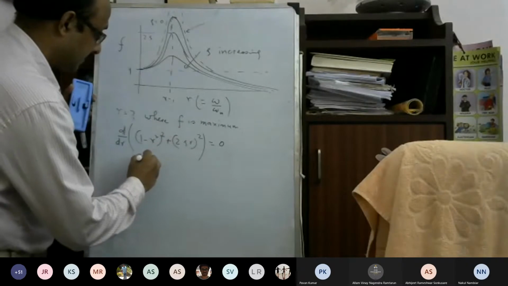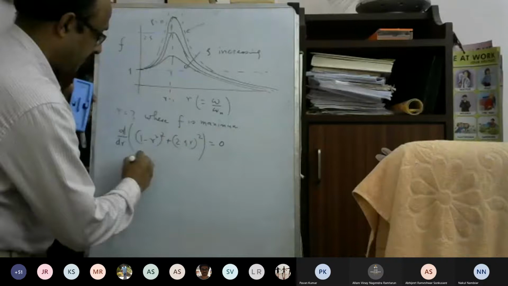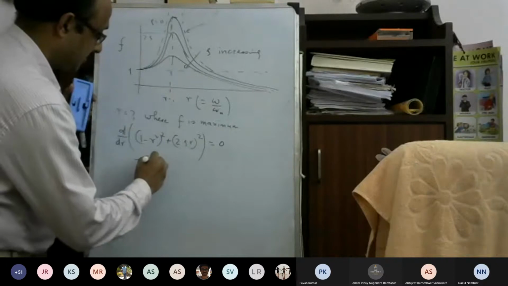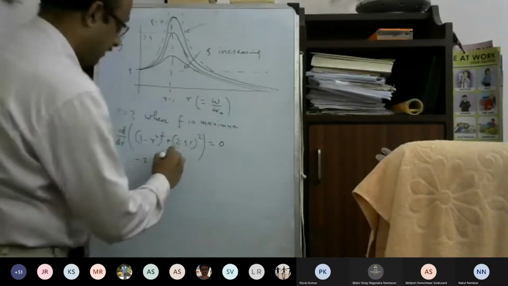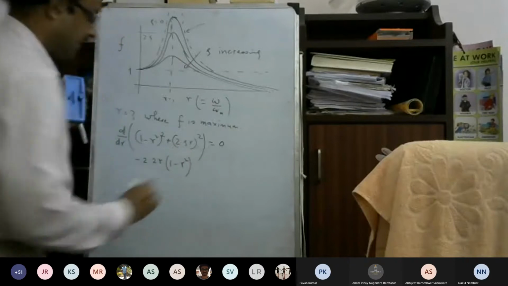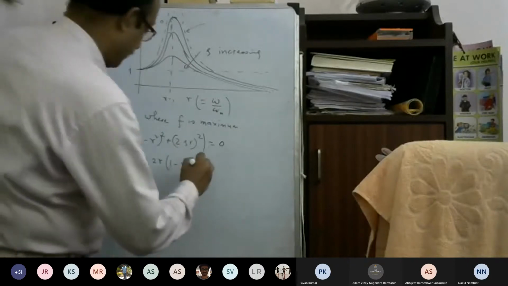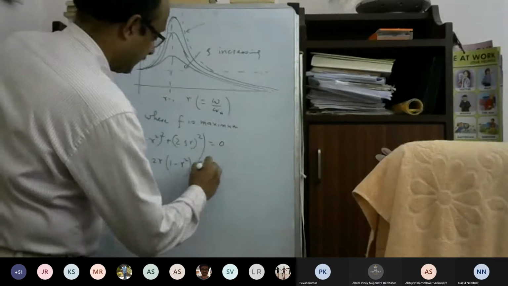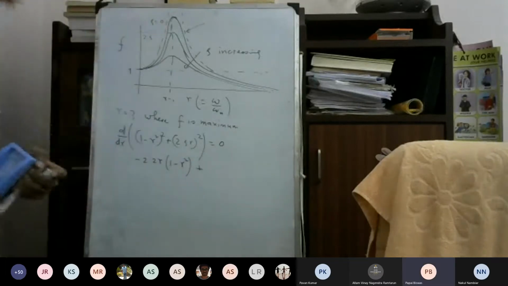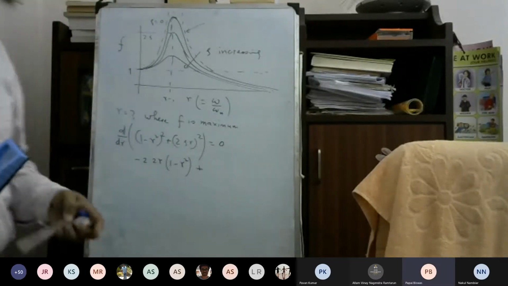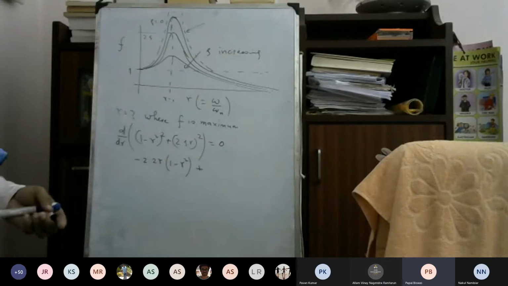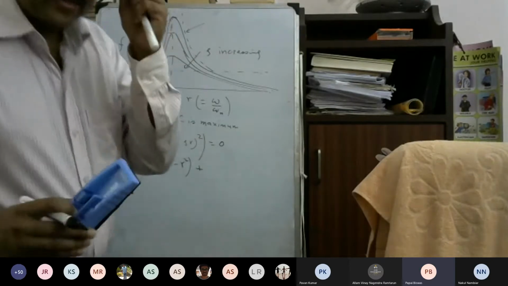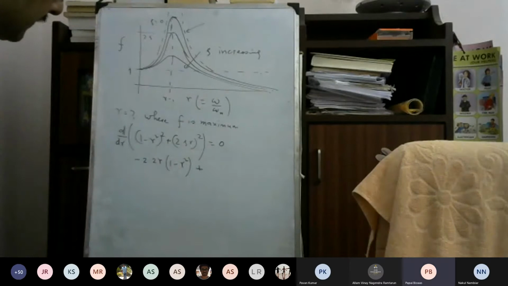this gives us 2 times (1 minus r square) times minus 2r. Sir, is it not f is equal to 1 by root over (1 minus r square) whole square plus (2 zeta r) square? Why did you jump a step in the derivative in the first line?